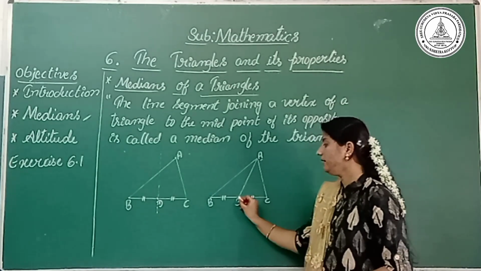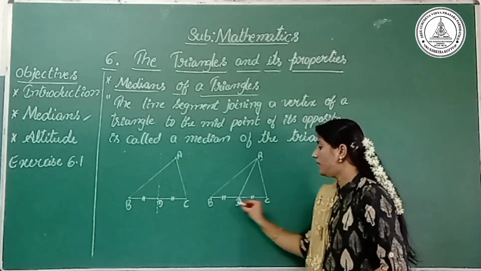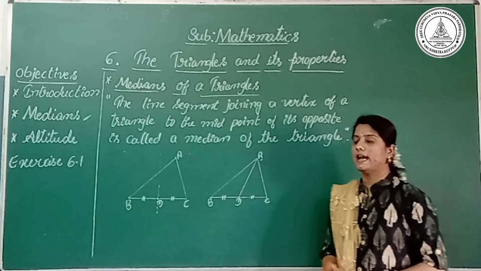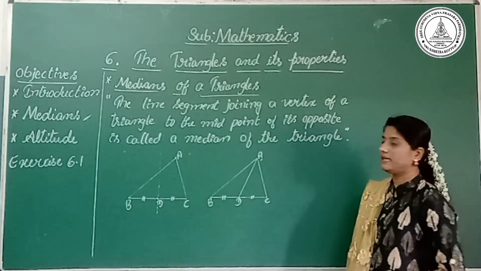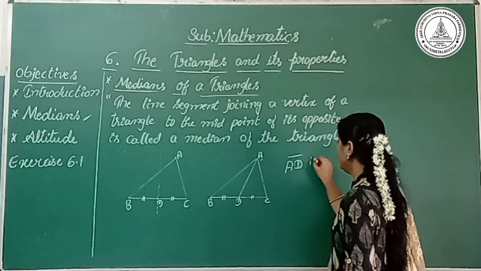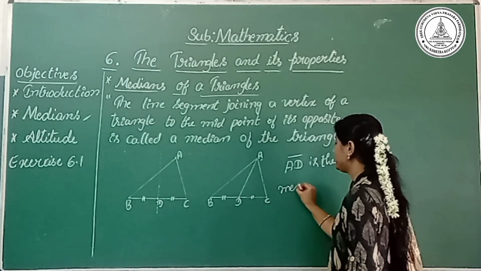A line segment which connects a vertex and the midpoint of the opposite side is called a median. So in the triangle ABC, the median is AD. AD is the median of the triangle.